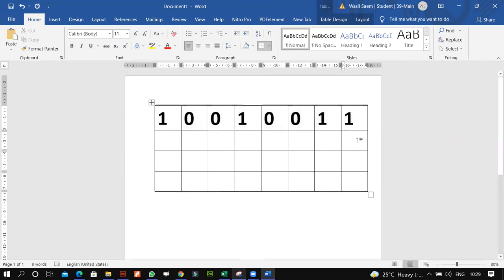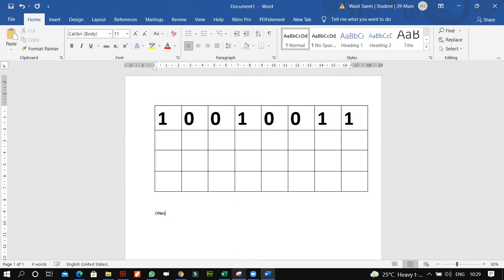Right. So how two's complement works is your one's complement basically says that you are going to invert all the digits. Meaning that you will convert the zeros into 1 and ones into zeros.